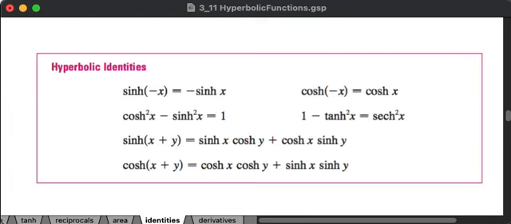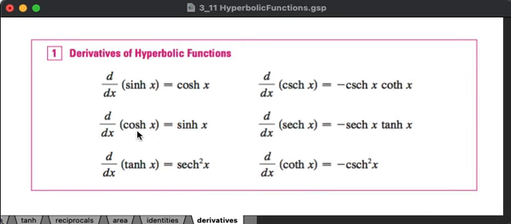So they do satisfy these identities, and then you can also go back to the original definitions in terms of e and find that the derivatives behave pretty similarly, but slightly differently in relation to each other, compared to how the circular function derivatives behave.